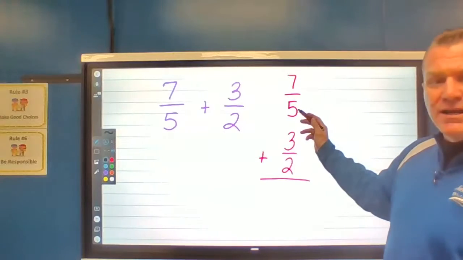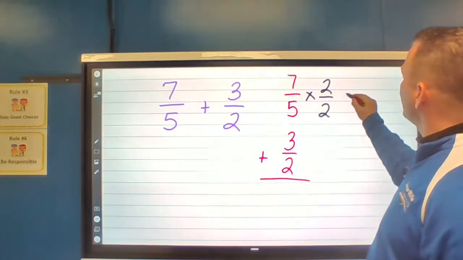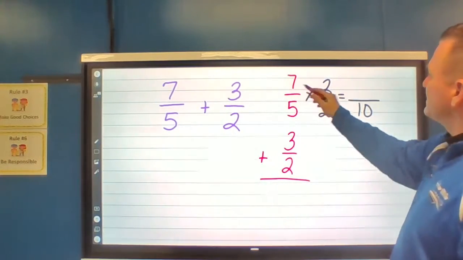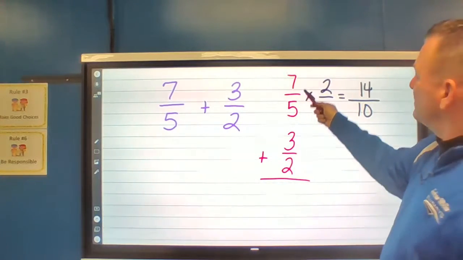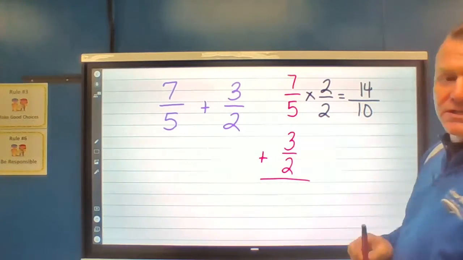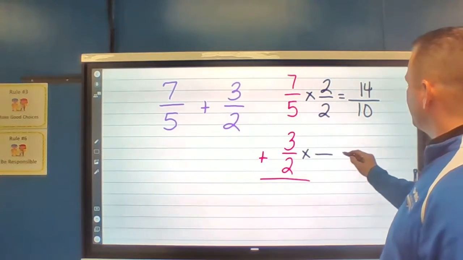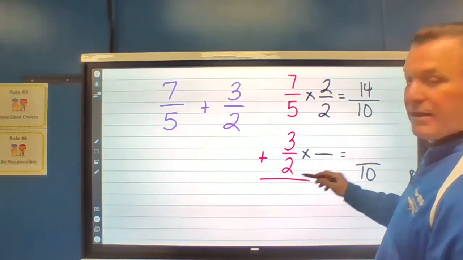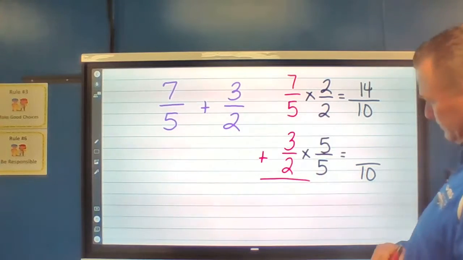So in order for me to get him to 10, I would have to multiply him by 2/2, because 5 times 2 is 10, and then 7 times 2 is 14. So my equivalent fraction for 7/5 is 14/10. Down here, I need to get him to be 10, and I can do that by multiplying 3/2 by 5/5.